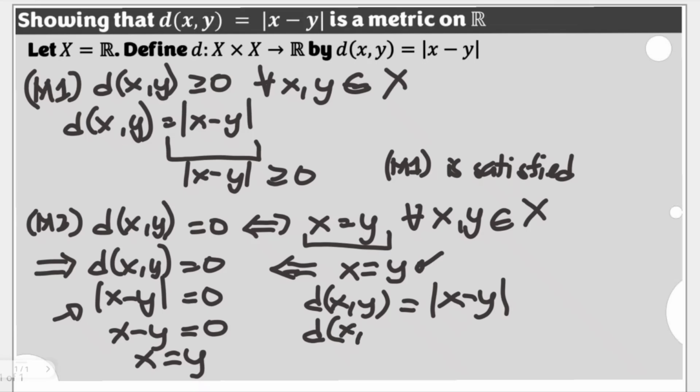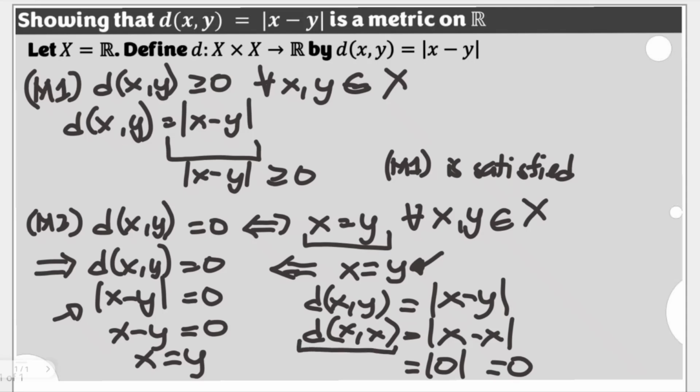So you have x and x, you have your x minus x, and we know that that's the absolute value of 0, which is equal to 0. So we have established the other way around: by assuming that they are equal, we have shown that the distance is equal to 0. Hence, M2 is also satisfied.